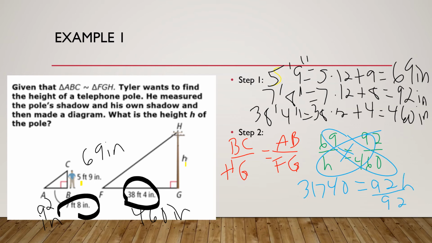Solve for h by doing our inverse operation, so divide both sides by 92. And we would get h would be equal to 345 inches. So the height of the flagpole would be 345 inches.